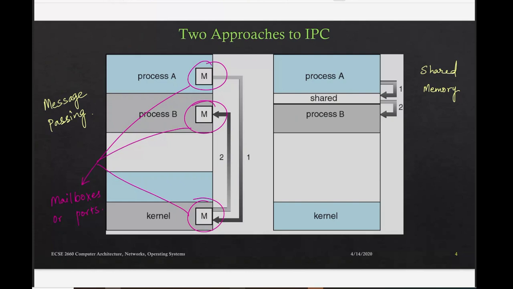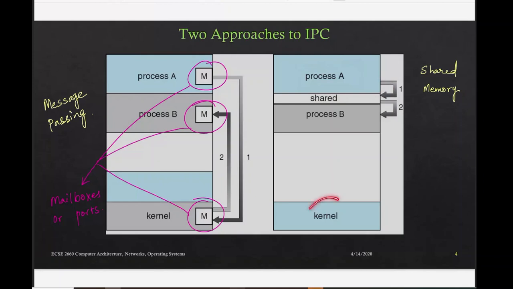So the way process A is going to communicate or send some information to process B here is to write that data onto this shared location, and B is going to read information from that same shared location. But the privileges associated with this shared region are going to be open for writing only by process A and open for reading by another process, in this case process B. Right?